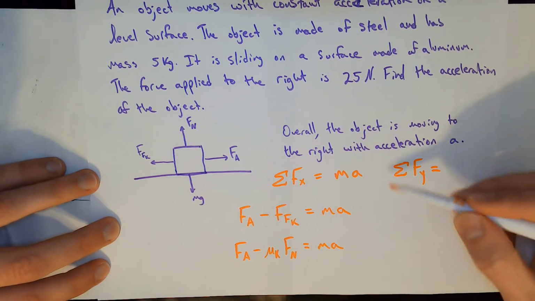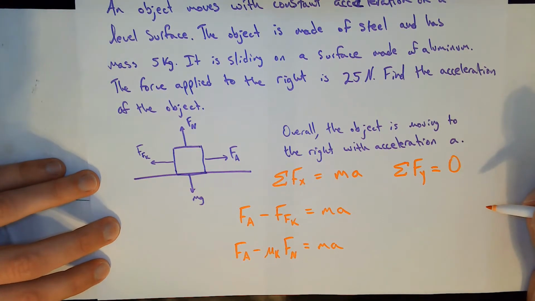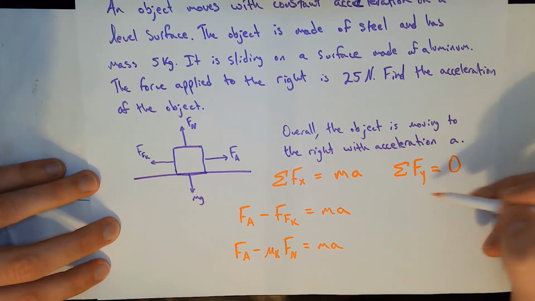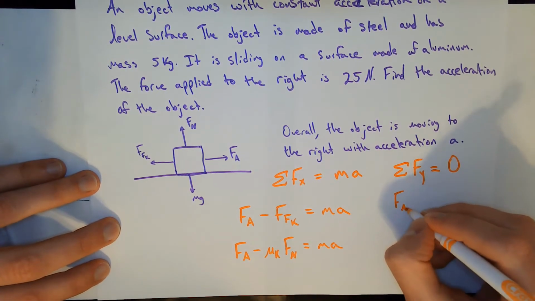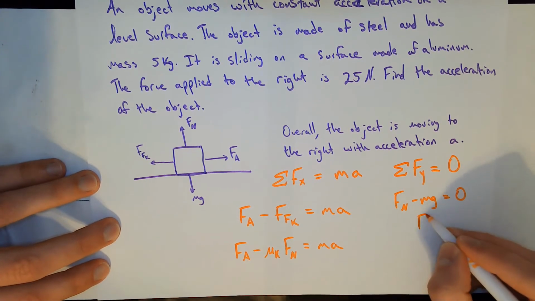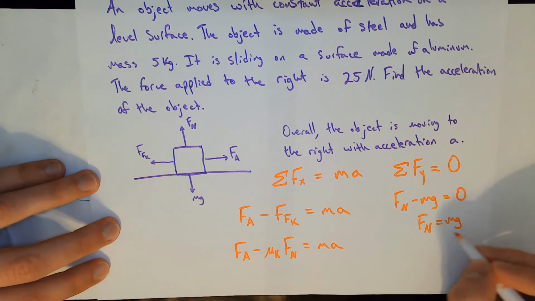Because the sum of the forces in the y direction is still 0, because the object's not moving up or down, and it's not on a slope or anything like that that would give it any kind of vertical acceleration. So no vertical overall force. That means my positive normal force minus my force due to gravity is equal to 0. In other words, that same relationship we see a lot, where normal force is equal to mg, is happening.